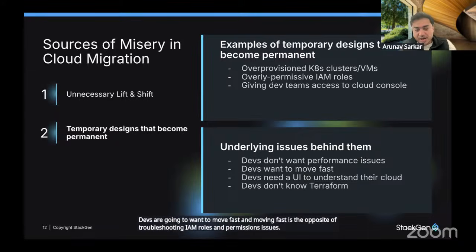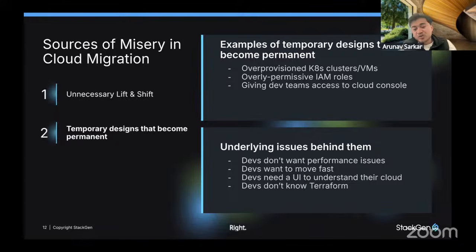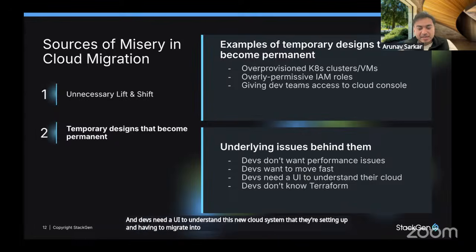And devs need a UI to understand this new cloud system that they're setting up and migrating into, and they need this UI from the console, frankly, because devs don't know or just don't really care to know something like Terraform, which is a way that you can help define it through code.